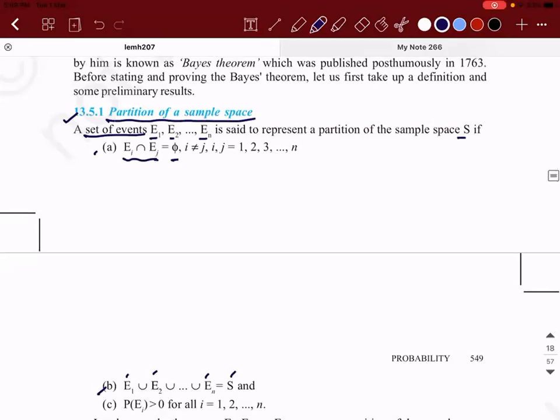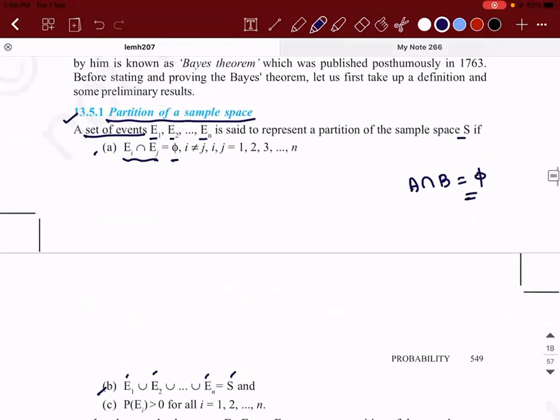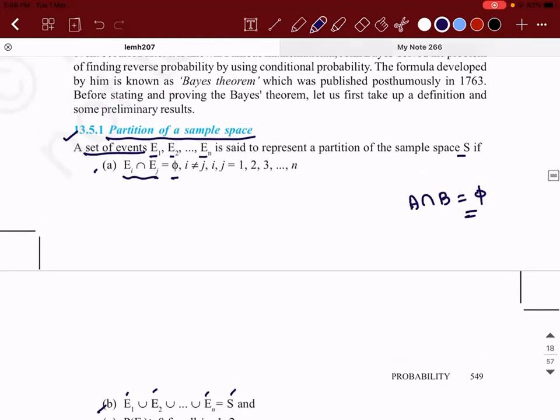If two events have intersection equal to 0, what can you say about them? They are mutually exclusive.